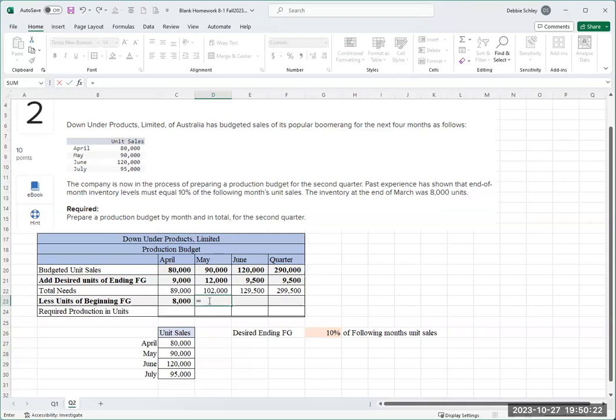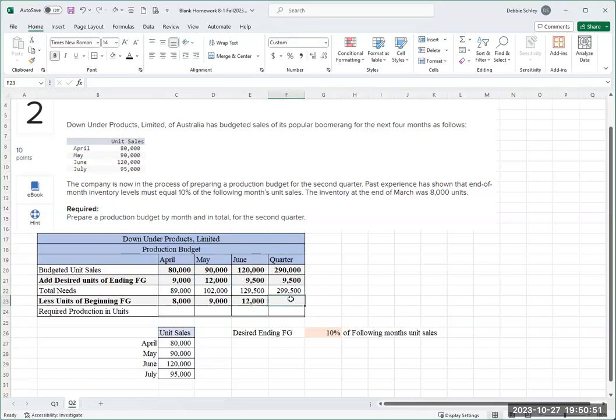The beginning units of May is going to be equal to the ending of April. And same goes for June. The beginning finished goods inventory of June is the same as the ending finished goods inventory in May.